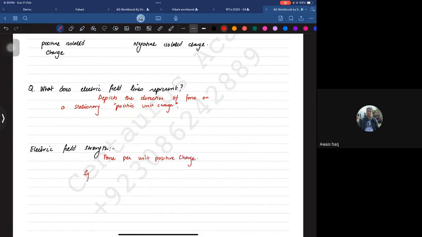The symbol of electric field strength is capital E. Its SI units are Newton per coulomb, and it is a vector quantity because it has a particular direction. That's why. Generally, according to the definition, electric field strength is given by force per unit charge. That's how this looks like. Please write this down.